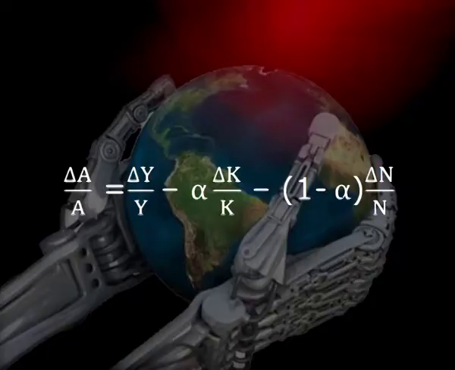Hence, additional growth which is not owing to contribution of labor or capital is a growth owing to technological progress. Thus, the equation delta A upon A is equal to delta y upon y minus alpha into delta k upon k minus 1 minus alpha into delta n upon n is attained.